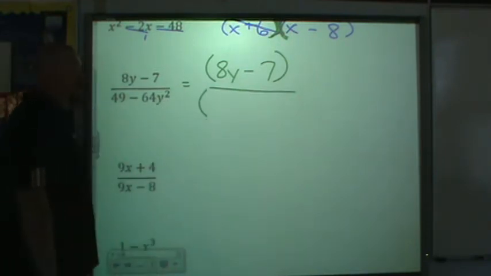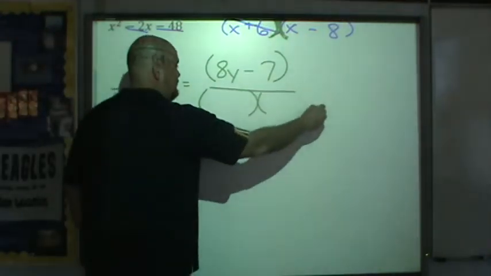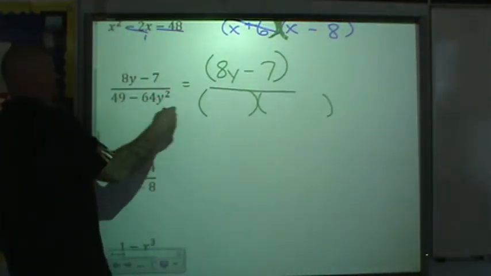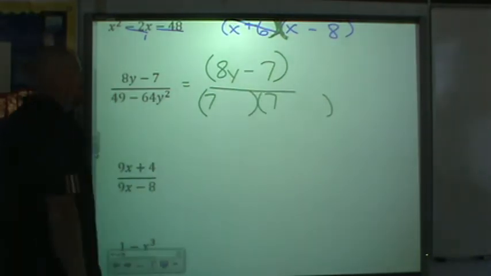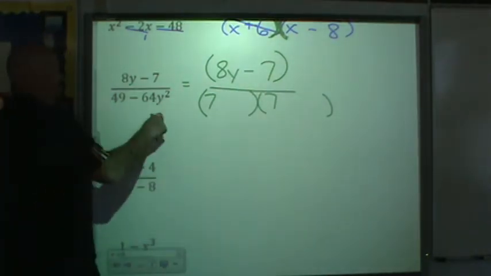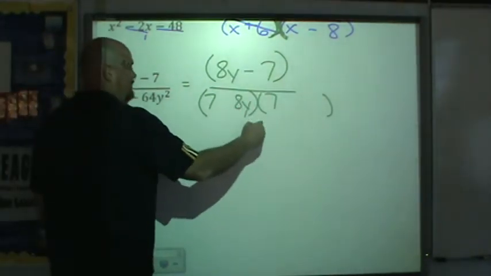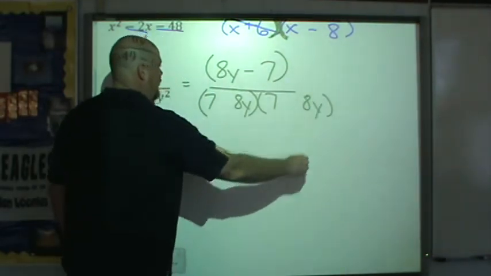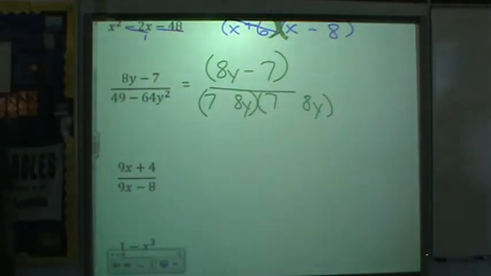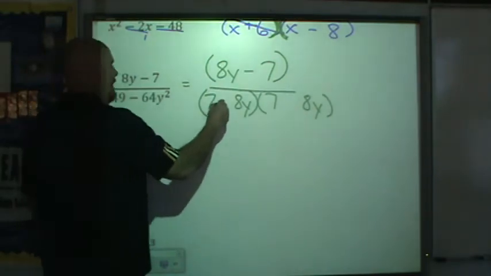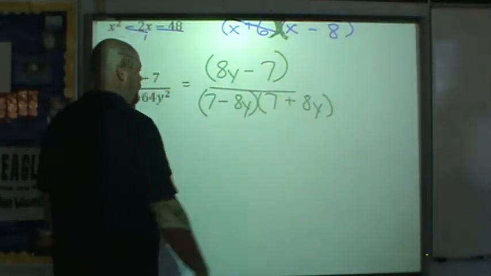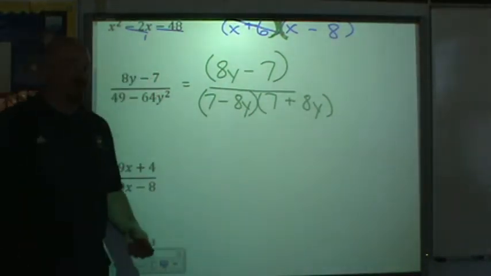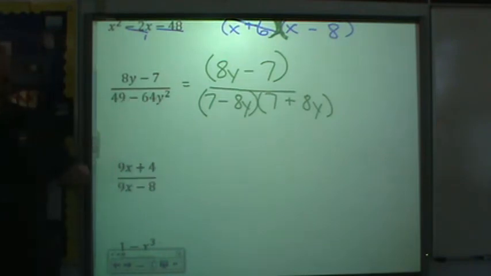So I can factor this difference of squares into conjugates. The square root of 49 is 7. The square root of 64y squared is 8y. One with a minus, one with a plus. So those are the conjugates I get from the difference of squares.